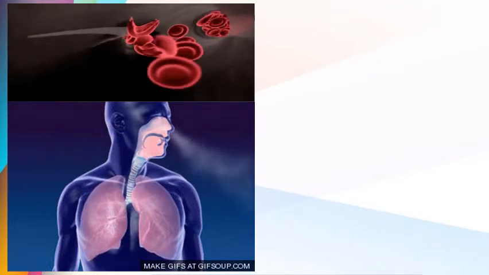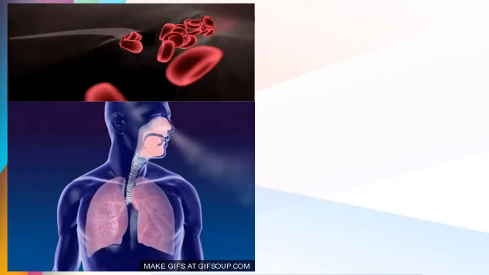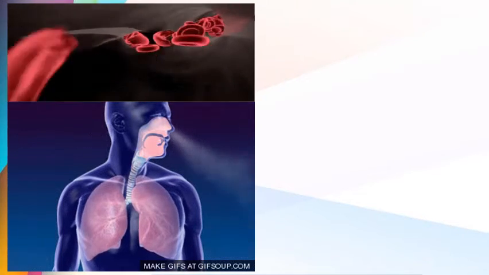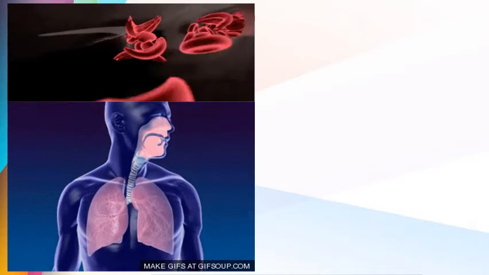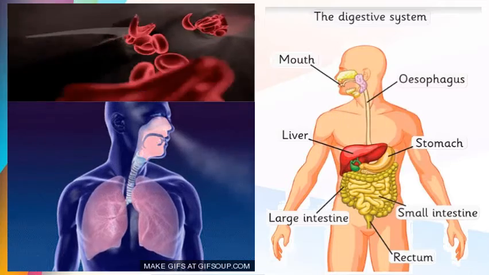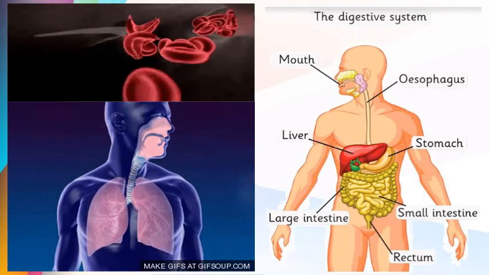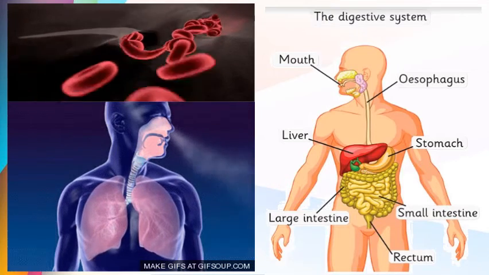Now dear students, you know that there is blood in our body, right? We take in air when we breathe in. You can see here, right? Our blood carries the air to all parts of the body. The food that we eat gets digested with the help of the digestive system or the alimentary canal.